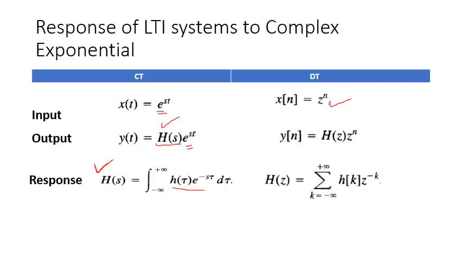But if we can represent a signal in terms of a complex exponential signal, then the output is simply the complex scaling factor times the input signal. That's quite a straightforward method. Similarly, for the discrete time case, if the input is z of n, then the output is h of z times z of n, and h of z can be found by summing the product of the impulse response and z power minus k from minus infinity to infinity.